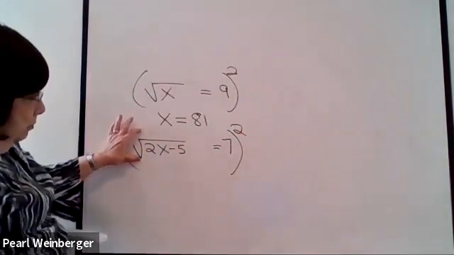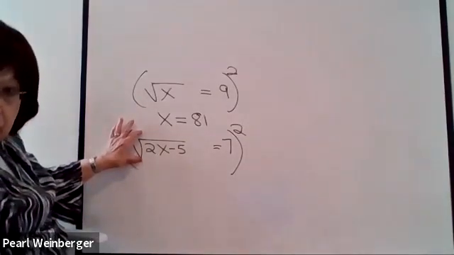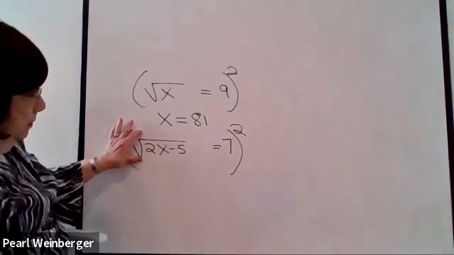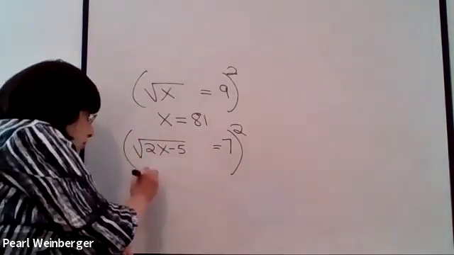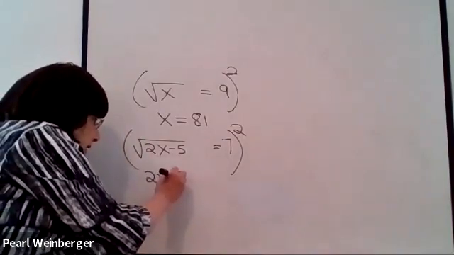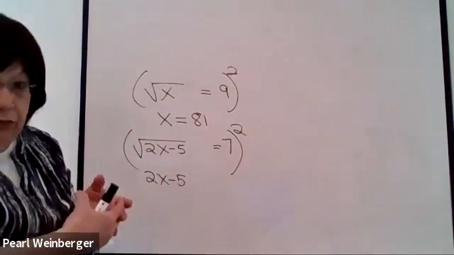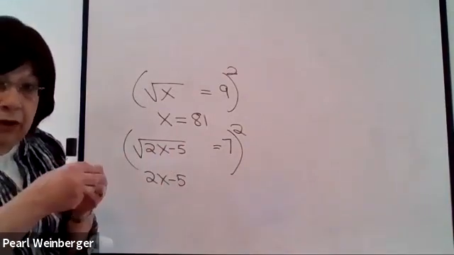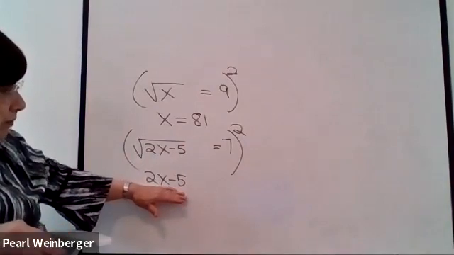Now this side, when I multiply the square root of 2x minus 5 times the square root of 2x minus 5, what I get is just the 2x minus 5. That's the whole point. Anything that's in a radical sign, when you multiply it by itself, just gives you what's inside the radical.